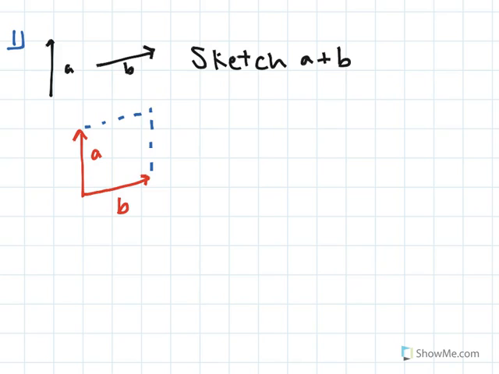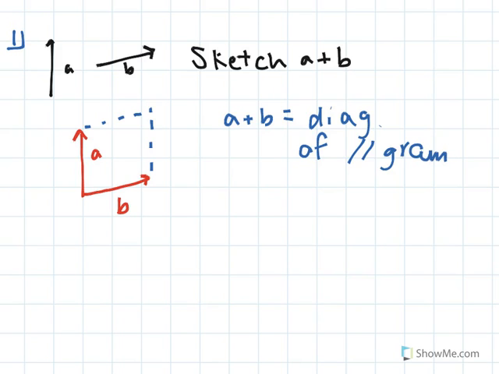So A plus B is going to be the diagonal of the parallelogram, where the initial points, we have A and B, and we use those as our sides. So again, this is just our parallelogram rule. So A plus B is going to be this line that we have in blue right here. So that is the vector A plus B.